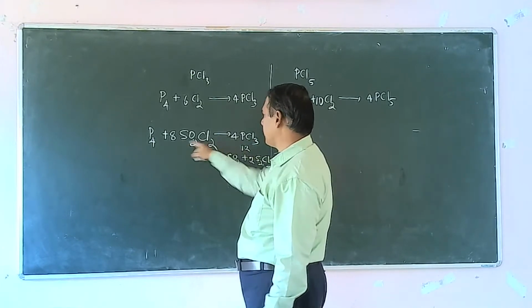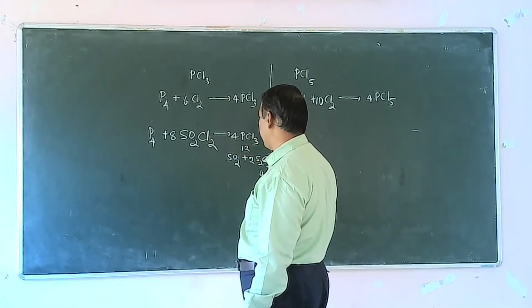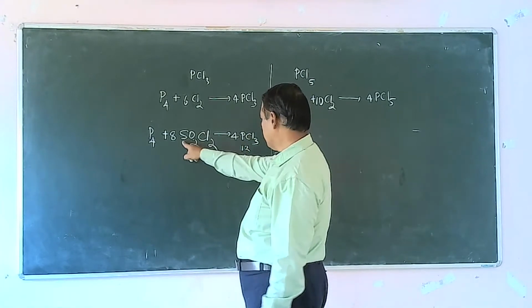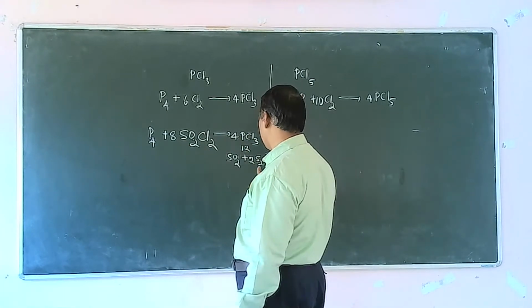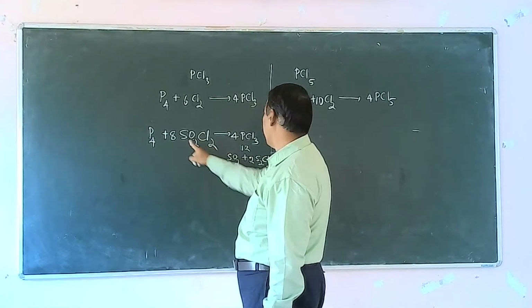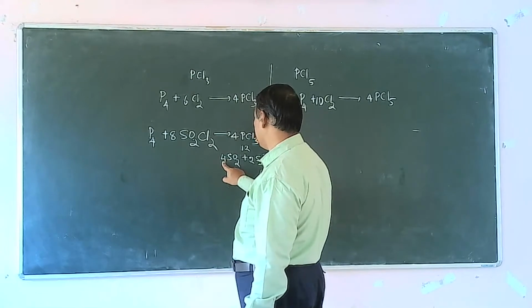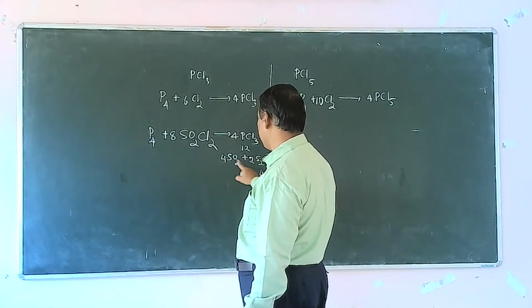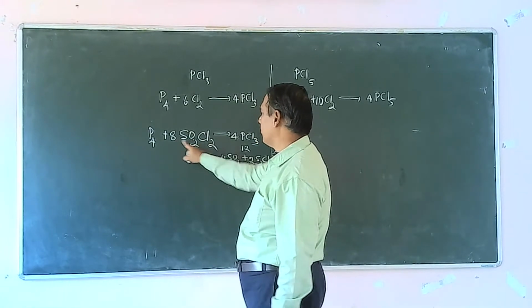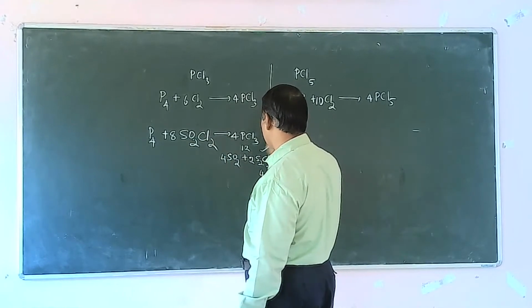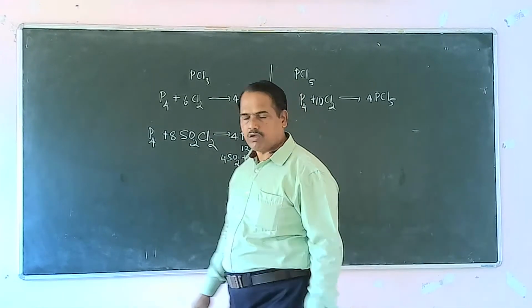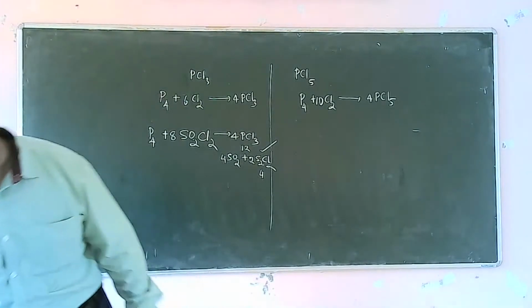How much? 16. 4 phosphorus atoms, and sulfur atoms again here 4 and 8. It should be 4 SO2, 8 oxygen atoms. So here 4 is the 8 oxygen atoms. So this is nothing but the equation. Are you clear? You can easily balance.